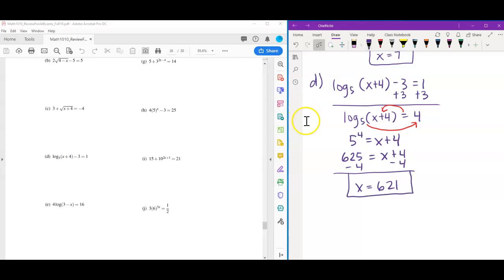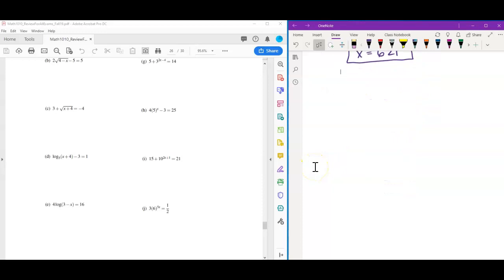Okay, so remember how to do some of those log ones, and then let's do one with exponentials also. Make sure that you remember how to do some of those. Let's do h. Okay, so h says 4 times 5 to the x power minus 3 equals 25.